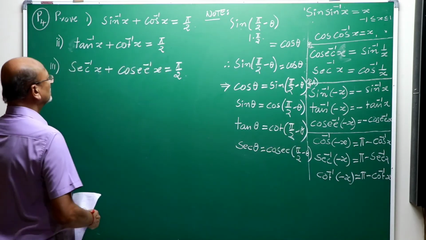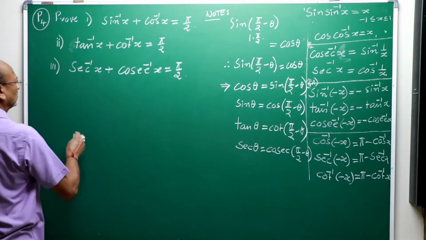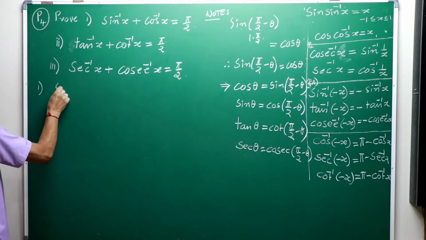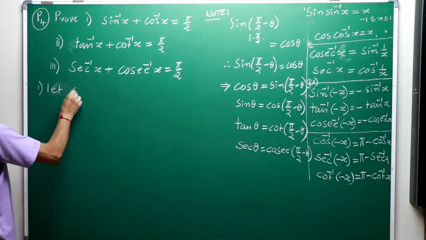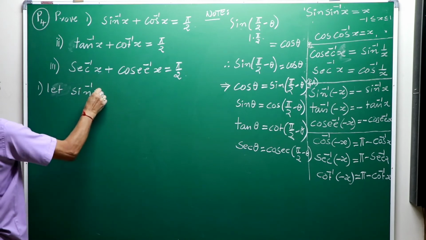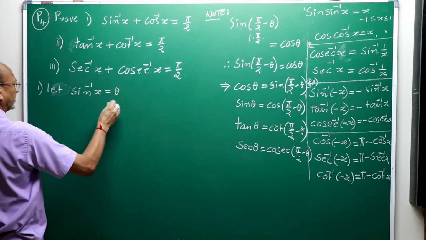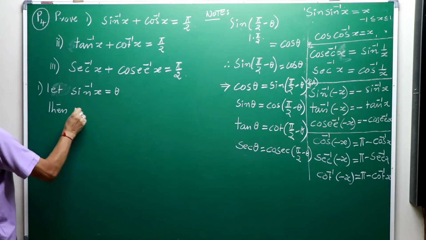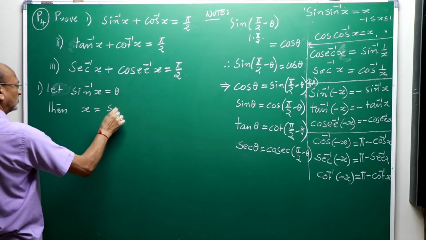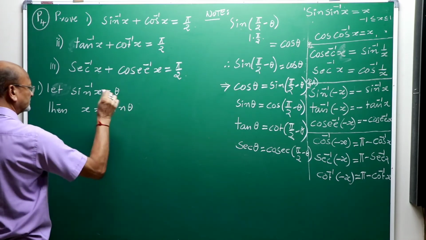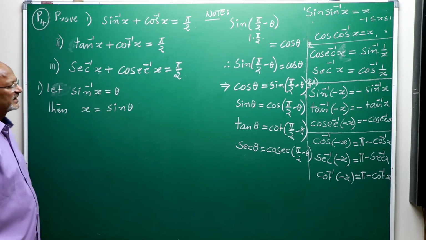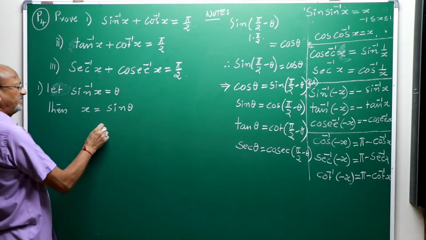Yes, my friends, I do 1 or 2 in this. Take the first. Let sine inverse x equal to theta. Then take that side definition: x equal to sine theta. We want to go from sine to cos.